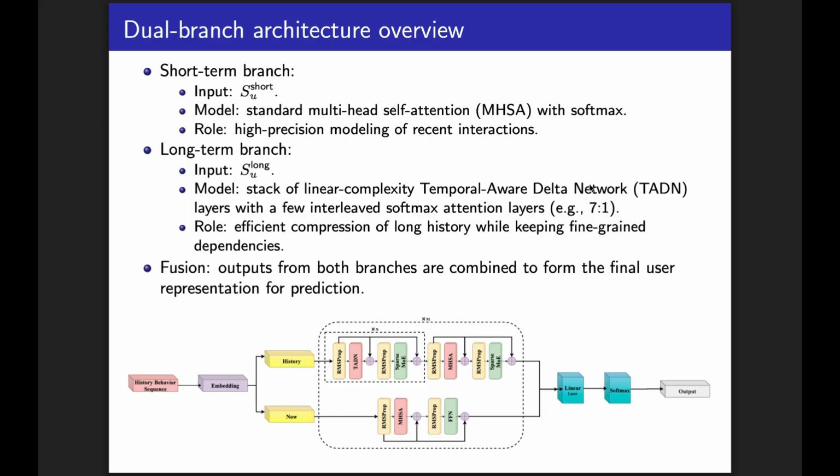In terms of ratio, they use initially 7:1, meaning there is one softmax attention layer and 7 of the TADN ones. They also tried other ratios, but most of the evaluations that they do were done with this ratio, so 7:1.